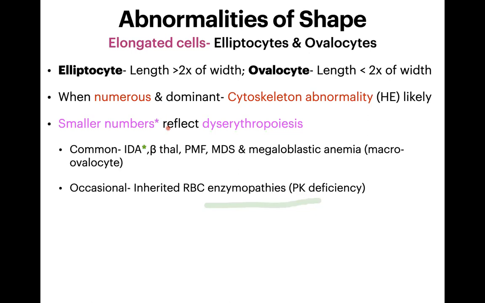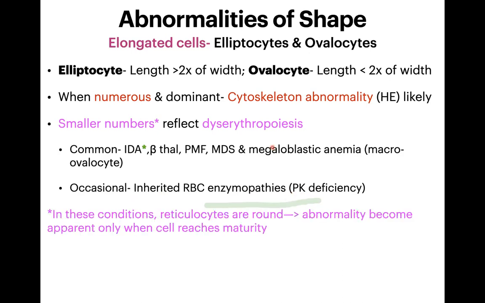They are commonly seen in iron deficiency anemia, beta thalassemia, primary myelofibrosis, myelodysplastic syndrome, and megaloblastic anemia, in which you will find macro-ovalocytes. Occasionally you can find them in small numbers in inherited RBC enzymopathies like pyruvate kinase deficiency, where the major abnormality is echinocytes.